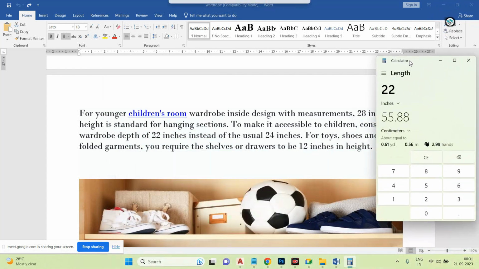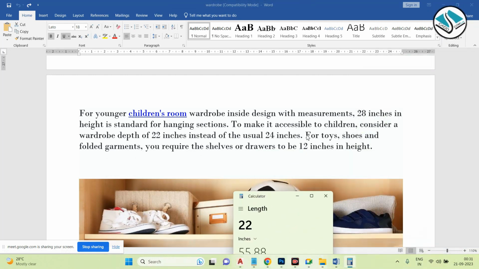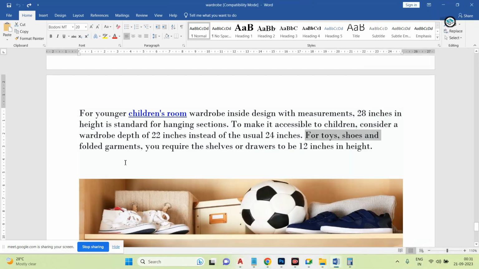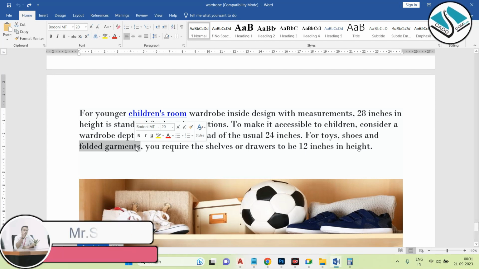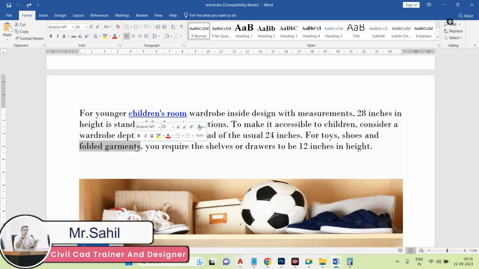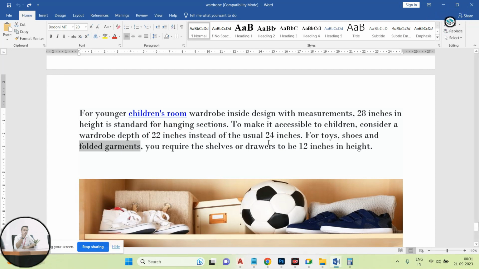This is the depth of the children's wardrobe. Why? For toys, shoes, and folded garments. After that, it depends on the client's uses and what kind of things he can store. But this is the standard.